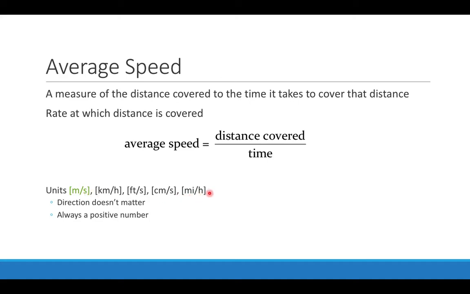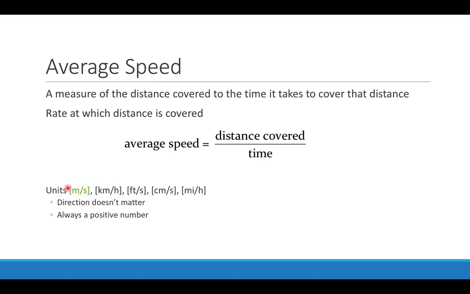For example, I just said miles per hour, because that's an example of something that we would look at on our car: we would measure how many miles we go, and we would probably measure our time in hours. So certainly there are other types of units. Anything that's length over time, like centimeters per second, feet per second, or even kilometers per hour, would be appropriate units for speed, but keep in mind that the standard unit that we will always go to would be meters per second.